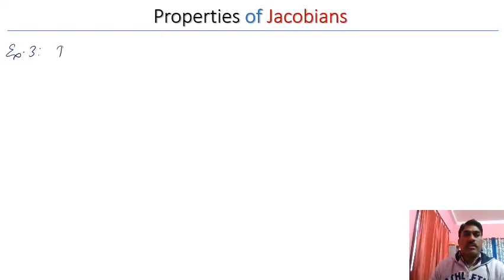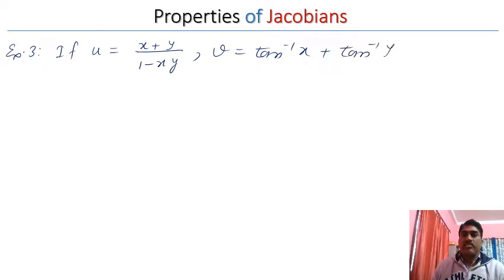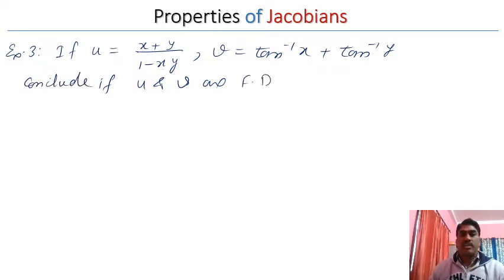Now take another example. Example 3. If u is equal to x plus y by 1 minus xy, and v is equal to tan inverse x plus tan inverse y, conclude if u and v are functionally dependent.